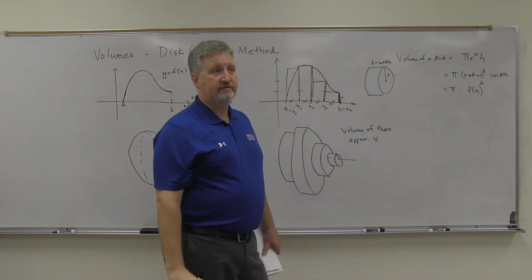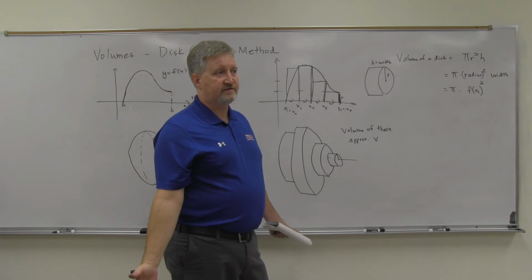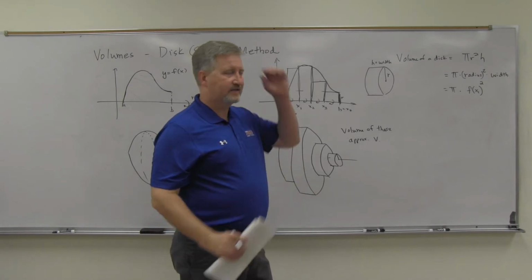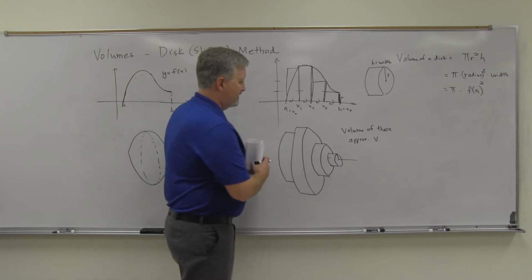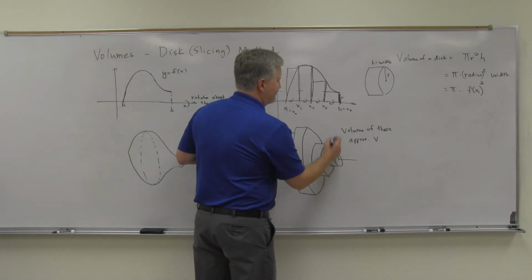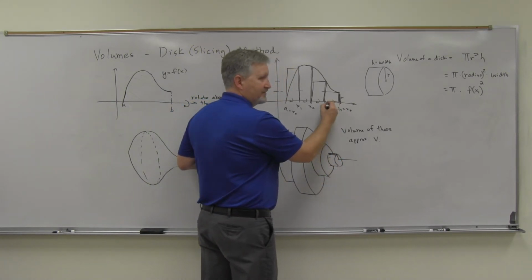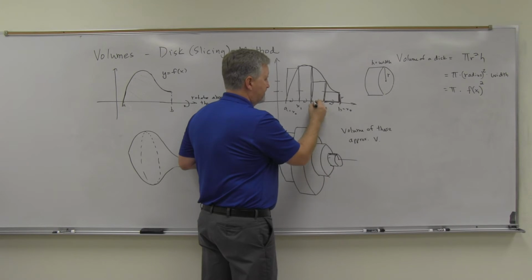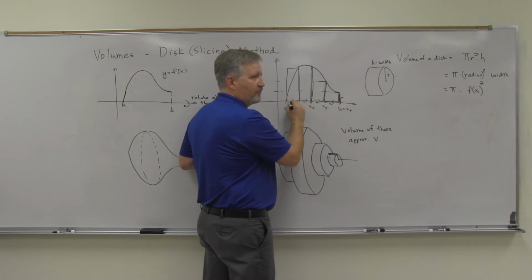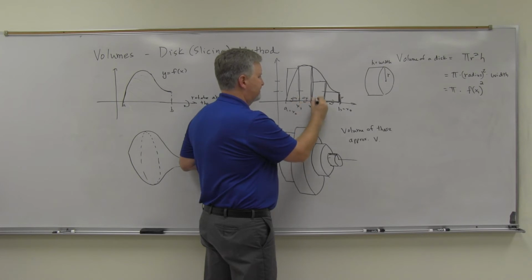Good with that? Because I square the radius. That's the volume of a cylinder disc. Now what about the width? Aren't those widths all the same? Aren't they each delta x?